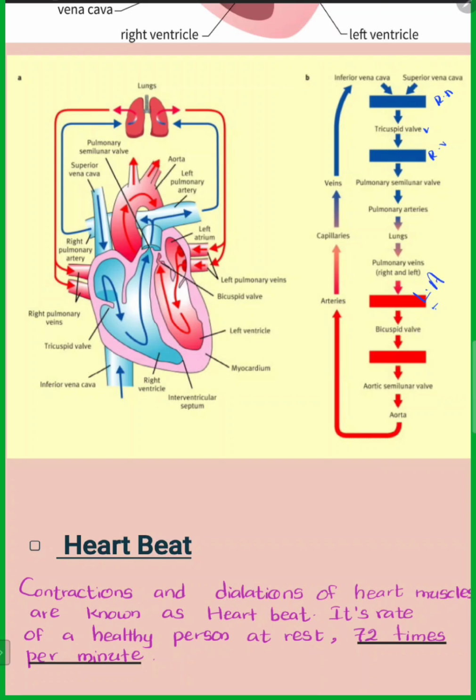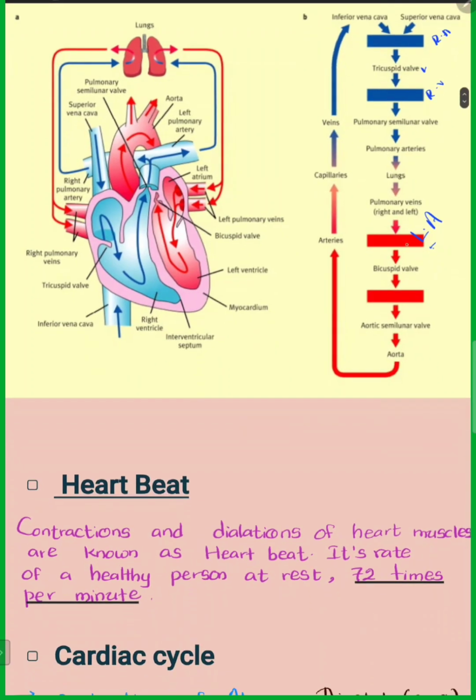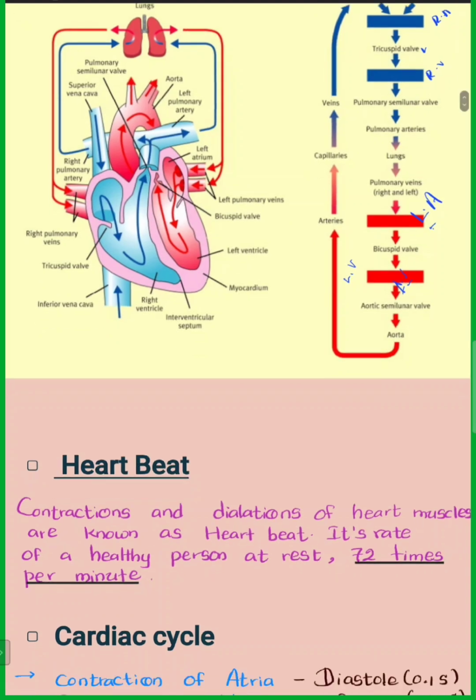Then after the left atrium contracts, it enters the left ventricle by opening the bicuspid valve. Then again by opening the semilunar valves of the aorta, it is distributed into the body. This is the process done by the heart.